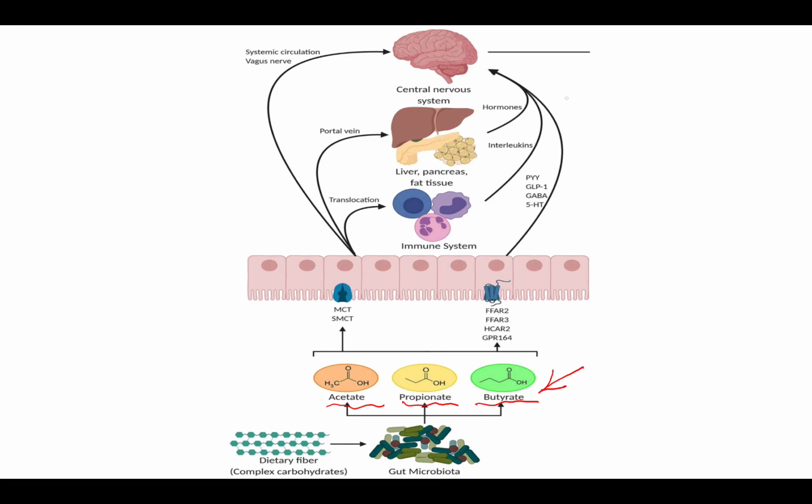This side goes to the brain and to the liver and calms down inflammation, if your gut microbiomes are good. But if the gut microbiomes are not good, they go into the brain and the liver and all the body systems and create a state of chronic inflammation that I mentioned.